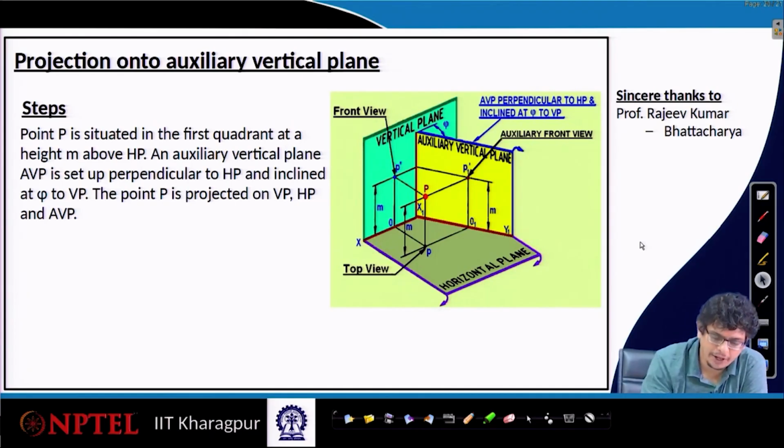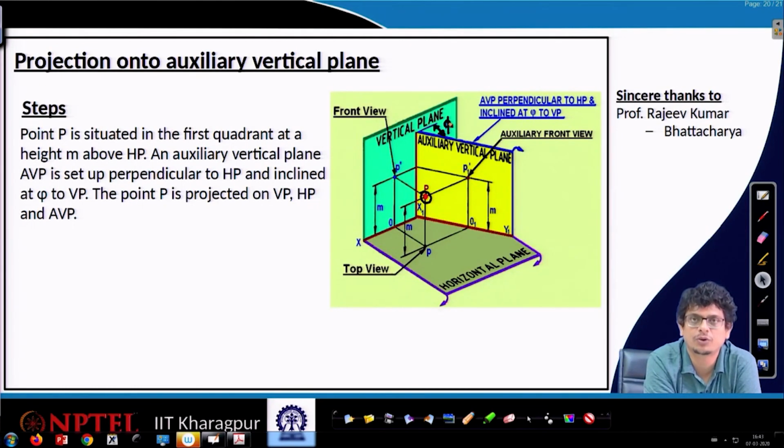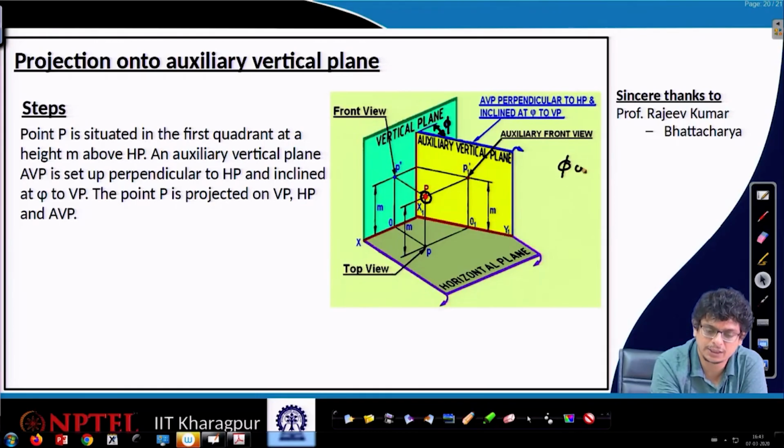Usually this point P, when it is set up in that way, the auxiliary plane makes an angle phi with respect to the vertical plane. The notation we use for this auxiliary vertical plane is that it makes an angle phi with respect to the vertical plane.